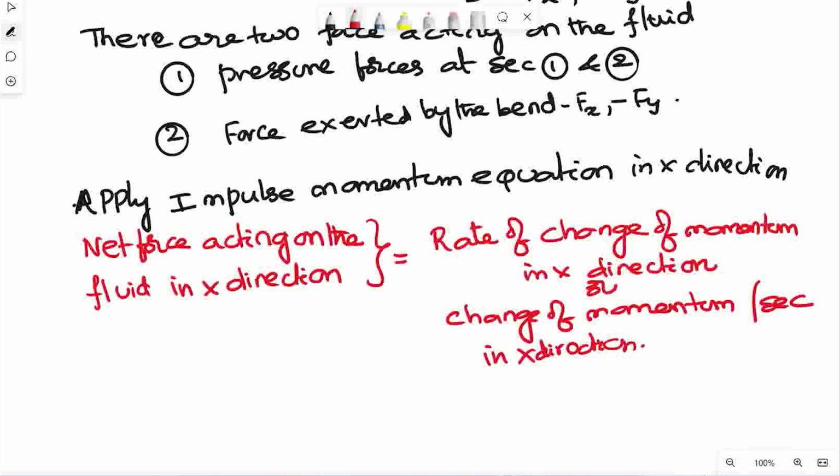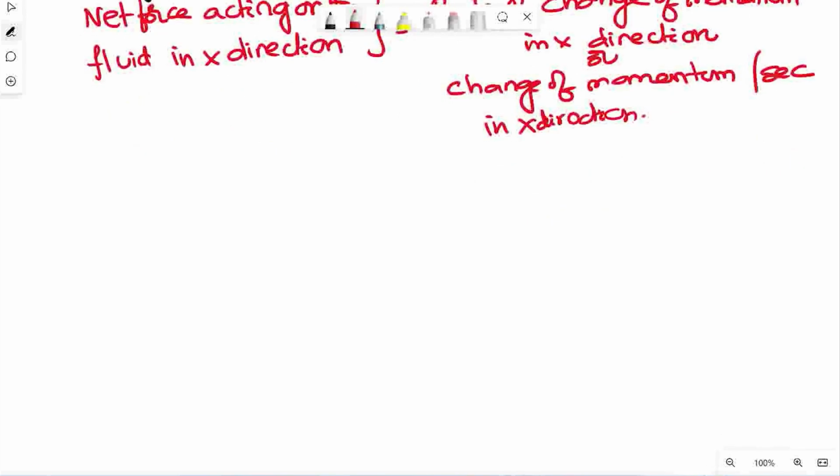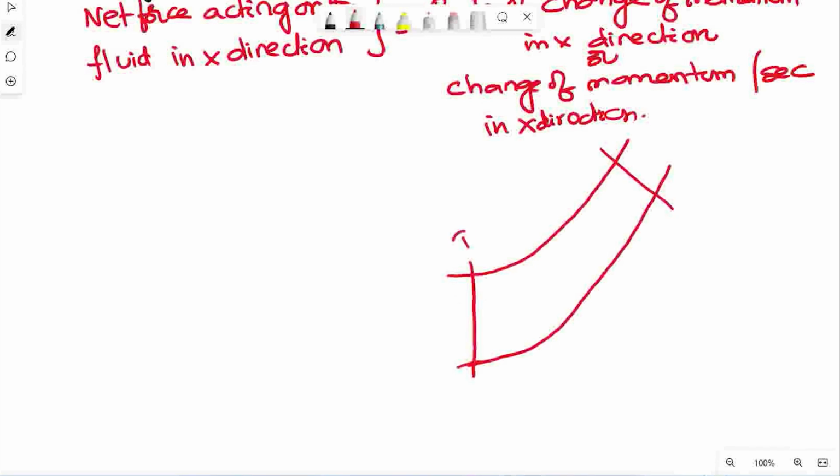Now at section 1 and 2, once again I will draw and show. This is the first section and this is the second section. What are the forces here?